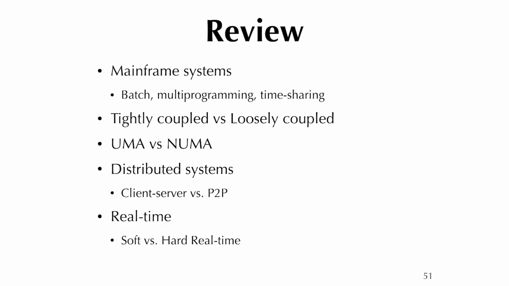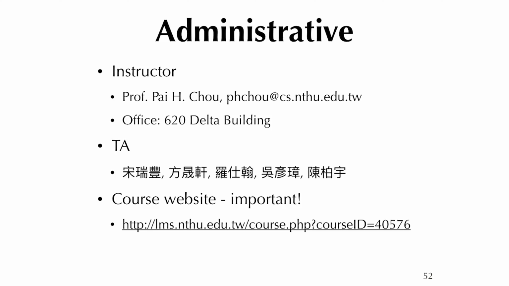Tightly coupled evolved into loosely coupled, and of course the memory architecture has to become more non-uniform over time, right? Because you can only share up to a certain scale, beyond which you have to rely on a more distributed structure. And distributed structure is really the current limit of global scalability. And real time is hard real time versus soft real time.